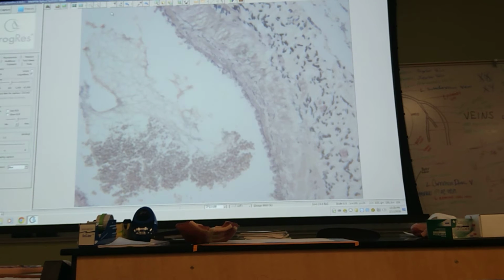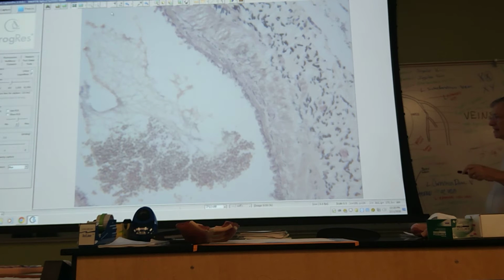However, a few things you may notice aren't here. What's the most obvious? There's no what? The internal elastic membrane. The tunica intima in a vein is nothing but the simple squamous epithelium.